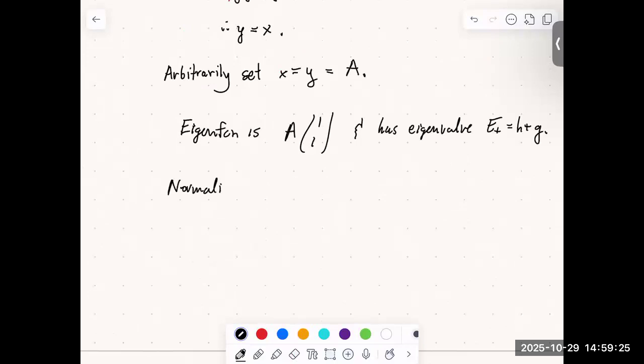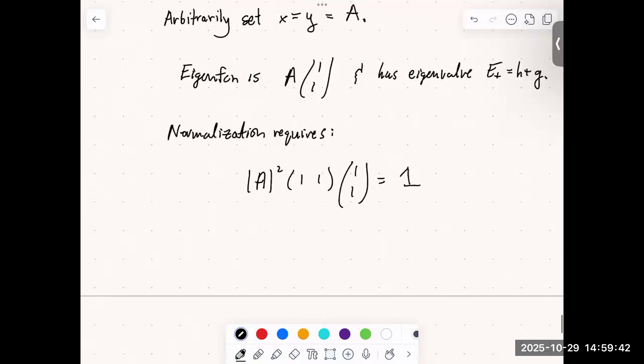Normalization requires that A squared times 1 times 1 plus 1 times 1, which is 2, is equal to 1. And so A is 1 over root 2.